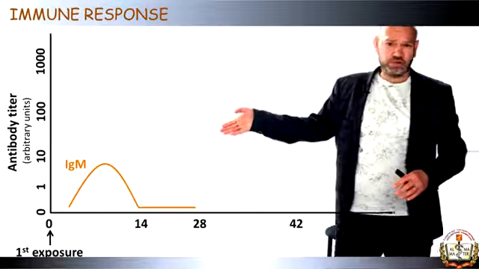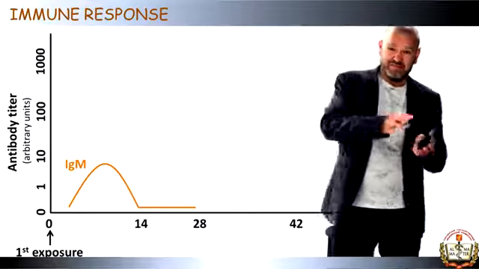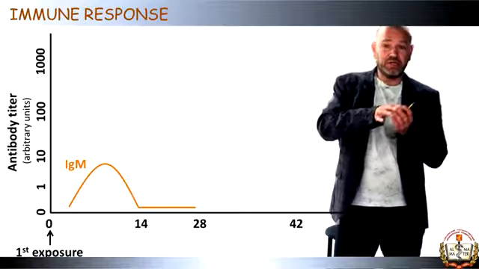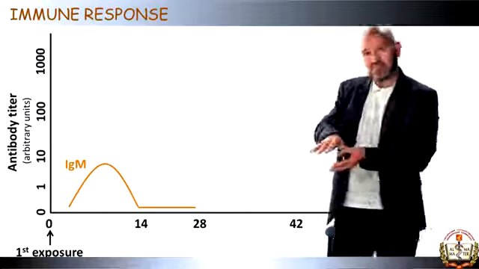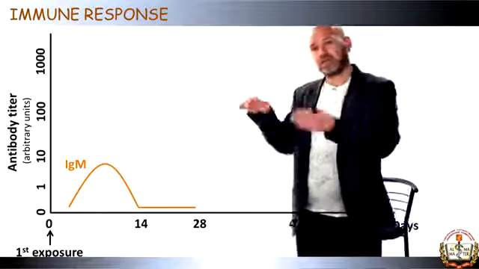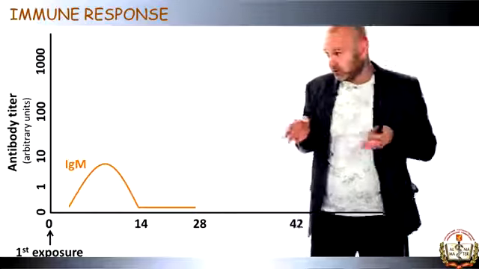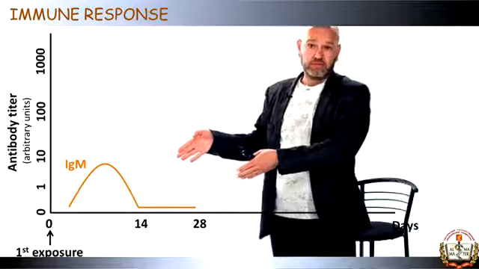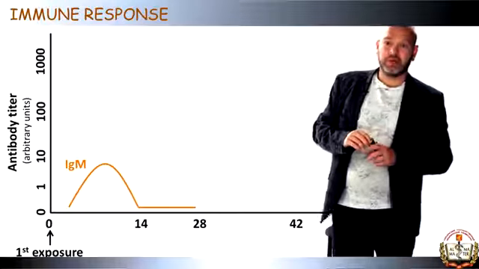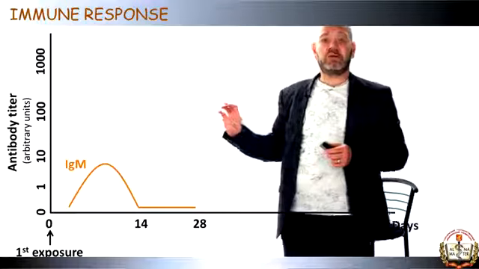Yes, it has a shorter lifespan, but now the task is to save the response. We need to do it now. We need to inactivate as many antigens as possible right now. We don't care what will happen in the future, because now the microbe is trying to invade. And of course, IgM has 10 antigen binding sites, remember? And that class of antibodies will appear first.